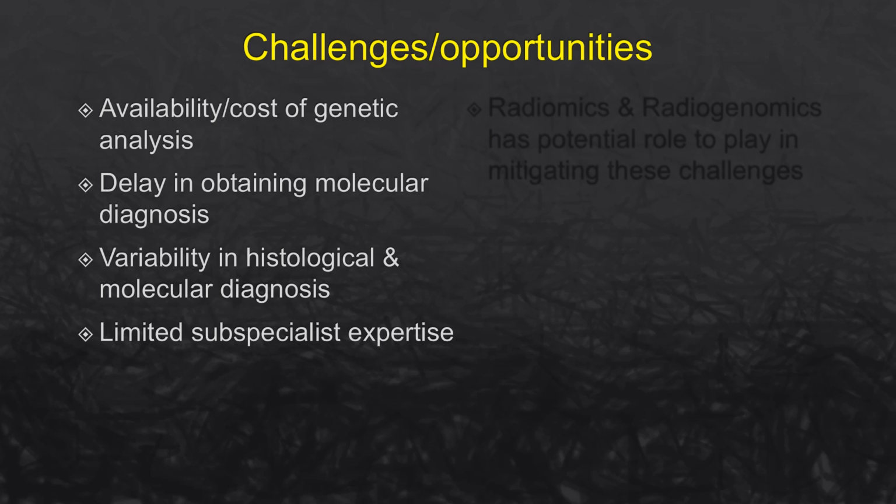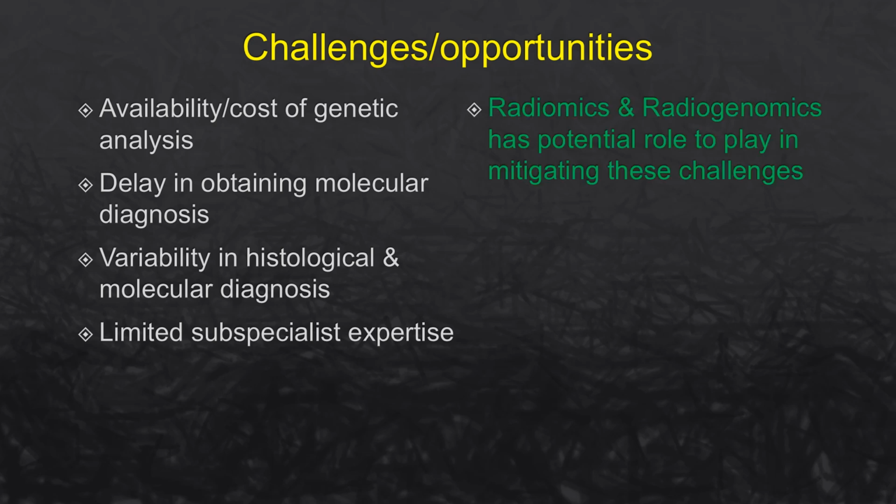So you get different specialists who come up with different interpretations of the same genetic profile, and there's limited subspecialist expertise. So certain centers have more expertise than others throughout the world. So radiomics and radiogenomics, I believe, has a potential role to play in mitigating some of these challenges.